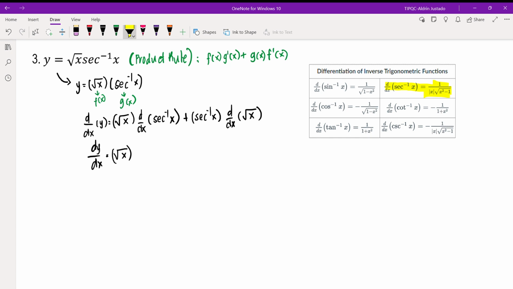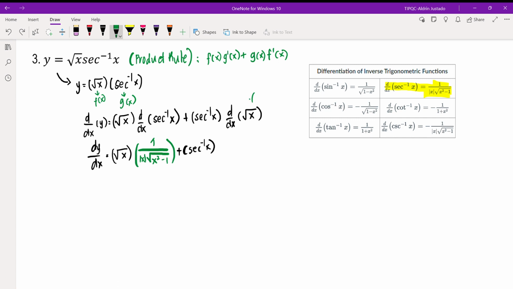We're going to use that. This is times 1 divided by the absolute value of x times square root of x squared minus 1. Okay? Plus arc secant of x times the derivative of the square root.